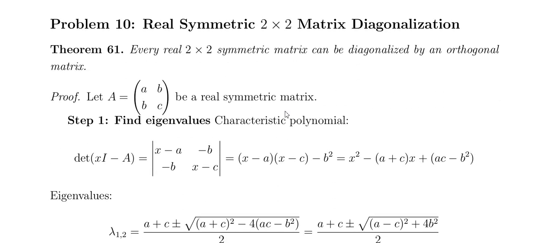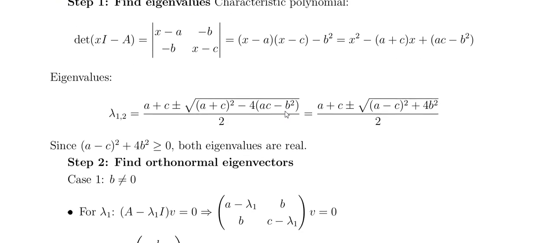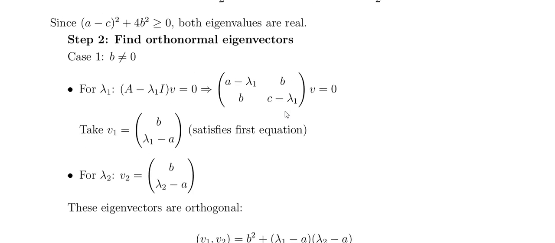And every 2 by 2 symmetric matrix can be diagonalized by an orthogonal matrix. Suppose A is a symmetric matrix; the eigenvalues we can find out, and the corresponding eigenvectors we can find out.